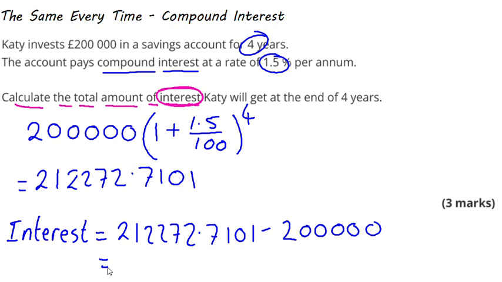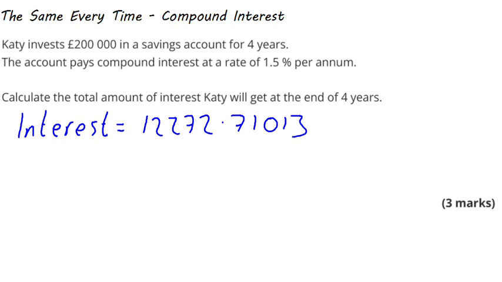So the total amount of interest, I've still got that number on my calculator, so minus 200,000, and that gives us this number here. So it's going to be 12272.7113. And usually in exams I would write down my full calculator answer just to demonstrate that I am doing everything right and I'm getting all the right answers. So there's the amount of interest, and that's my calculator answer.